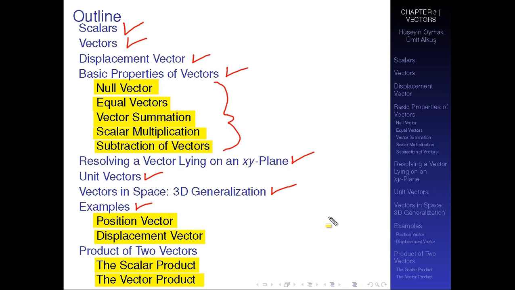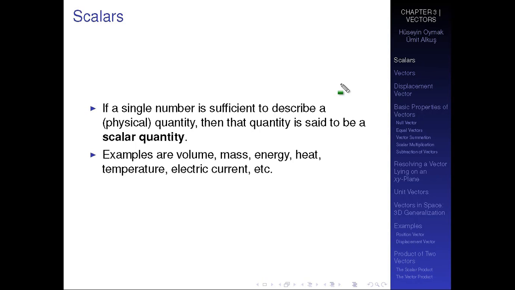Okay then, let's start our lecture. In physics, many physical quantities are described by a single number. If no additional information such as direction is needed, then this quantity is called a scalar quantity.